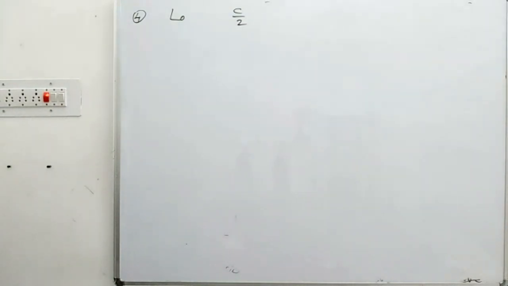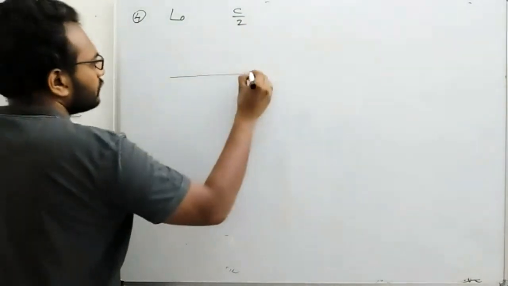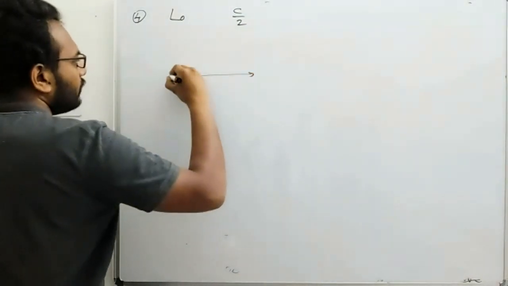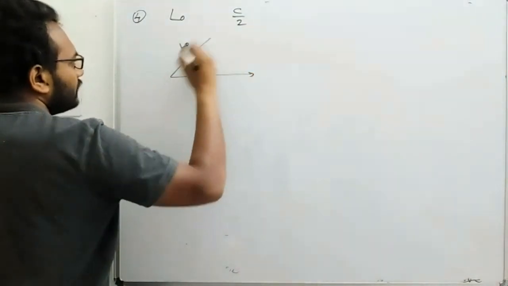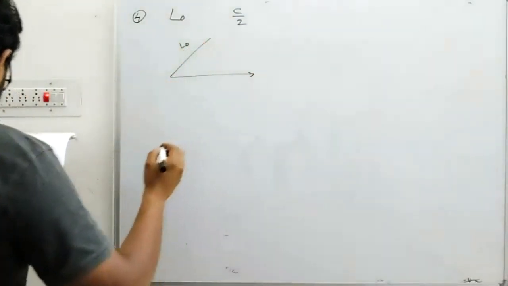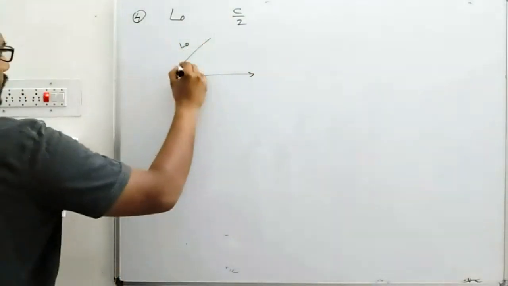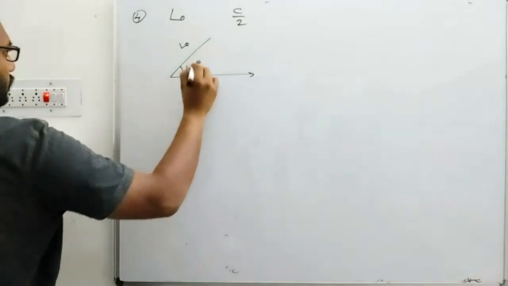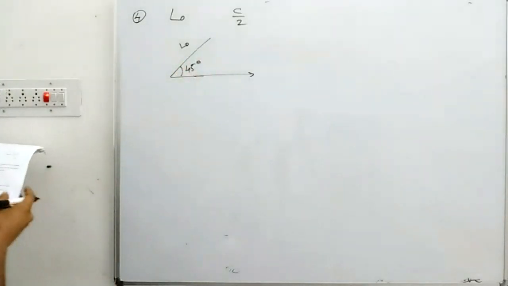So you've got this observer, and your length L0. This is moving at an angle, 45 degrees. Find the length of the rod measured by the observer.